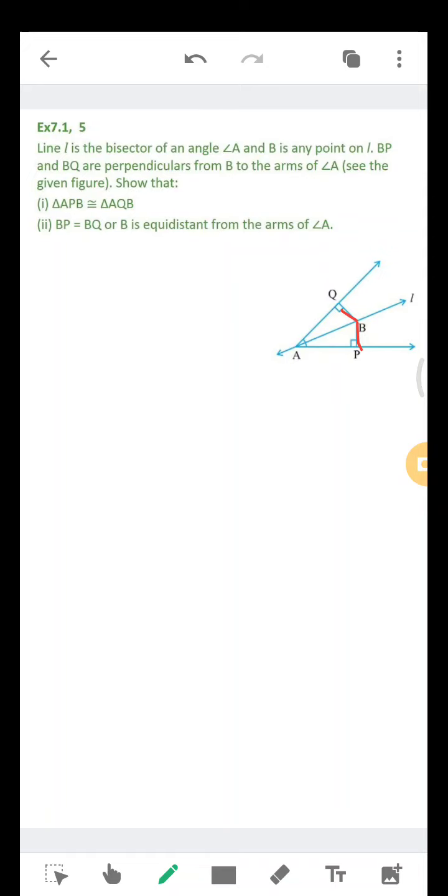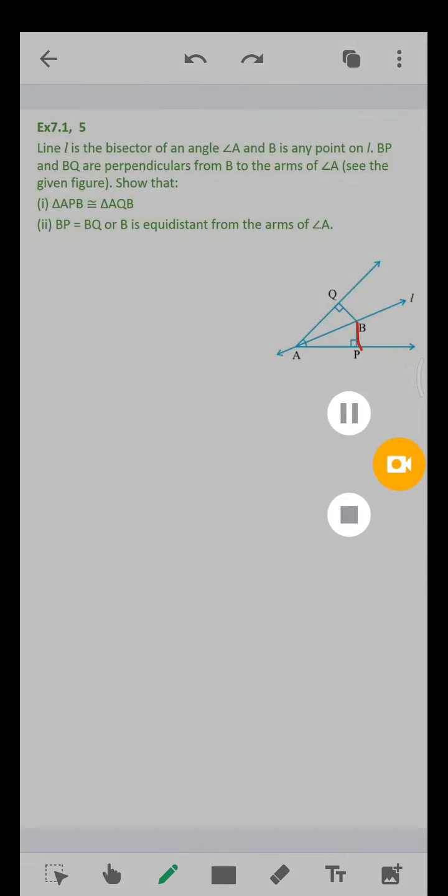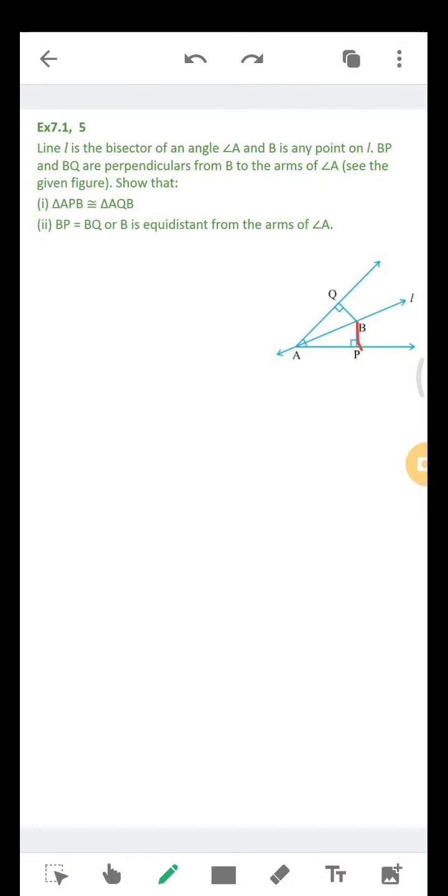They are perpendiculars from B on the arms. Okay, these are the arms of angle A. On those arms we have dropped two perpendiculars.